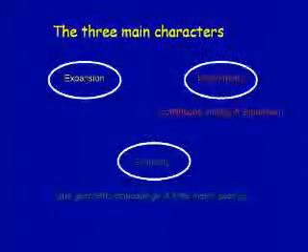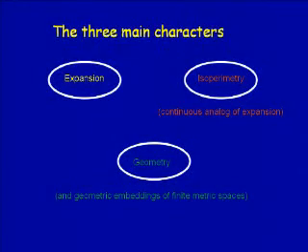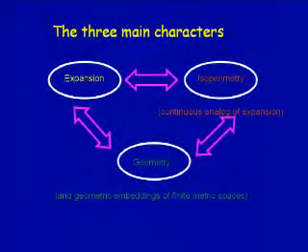So isoperimetry is a continuous analog of expansion, and it plays a role which I'll describe in a second. The third character here is geometry, and especially geometric embeddings of finite metric spaces. This is another interesting and burgeoning area of algorithm design, and you can design many algorithms by constructing geometric embeddings of finite metric spaces, and that plays an important role here. So these are all connected in this talk.